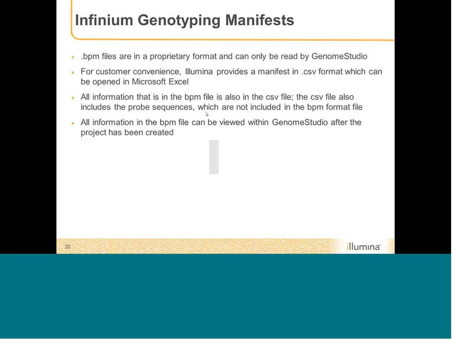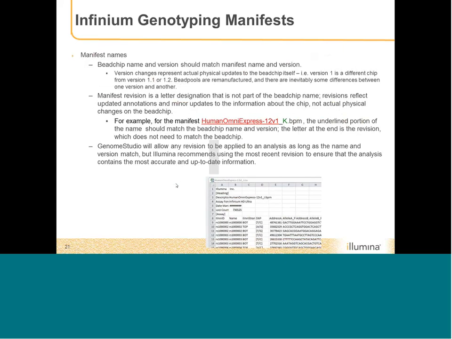Of course, nowadays we have such powerful computers that it probably wouldn't have been an issue, but back when we started, computers were not quite as powerful as they are now. But all the information in the BeadChip file can be viewed within GenomeStudio after the project has been created. All the annotations get carried over, everything except the strand sequences, or the probe sequences, excuse me.